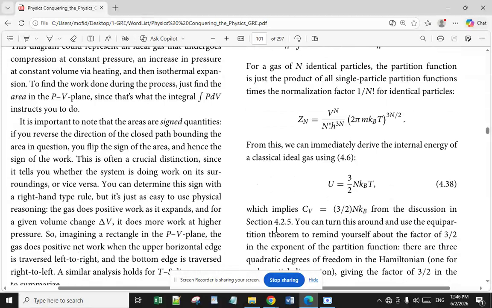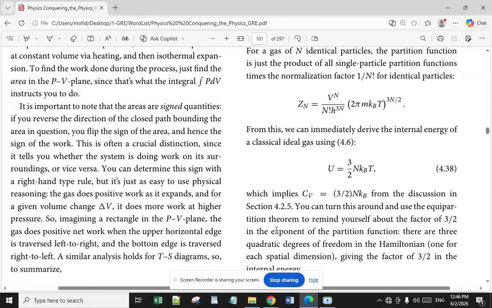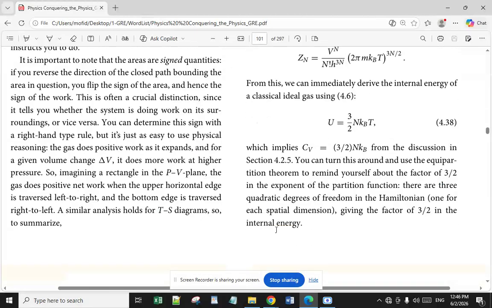From this, we can immediately derive the internal energy of a classical ideal gas, U is equal to 3 divided by 2 N k_B T, which implies C_V is equal to 3 divided by 2 N k_B. From the discussion in the section, you can turn this around and use the equipartition theorem to remind yourself about the factor of 3 divided by 2 in the exponent of the partition function.